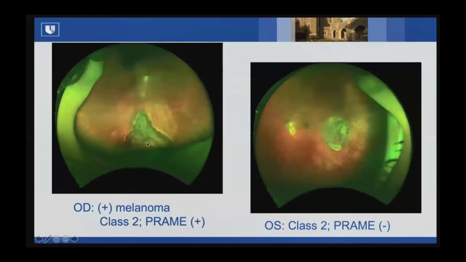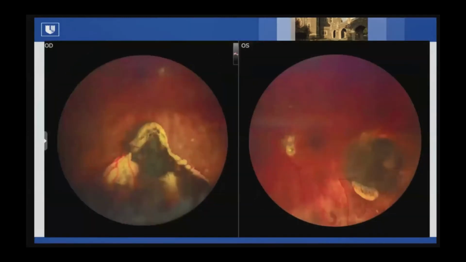So in this person with bilateral melanoma, both class 2, the presence of PRAME is a high risk for metastasis. On follow-up, once again, it's giving us better details of how these tumors look with real color. And they were well regressed, and the person still did not develop any metastasis.